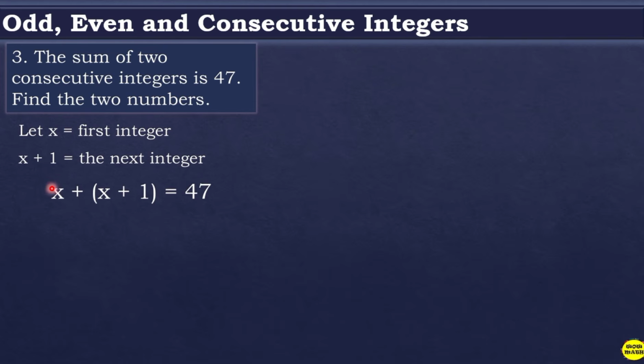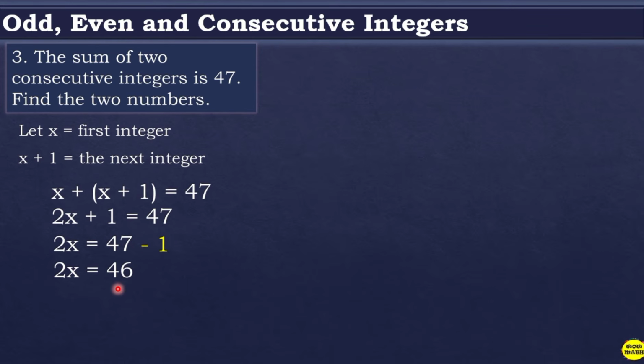Now, add natin x plus x, so that is 2x plus 1 is equal to 47. So, transposition. 2x is equal to 47. Transpose natin ito, magiging minus 1. So, 2x is equal to 47 minus 1, that is 46. Divide both sides by 2. So, 46 divided by 2, that is 23.